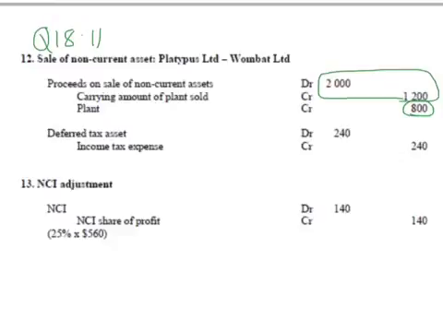That we do by reversing the proceeds on the sale, as well as the carrying amount of the plant sold that was written down.